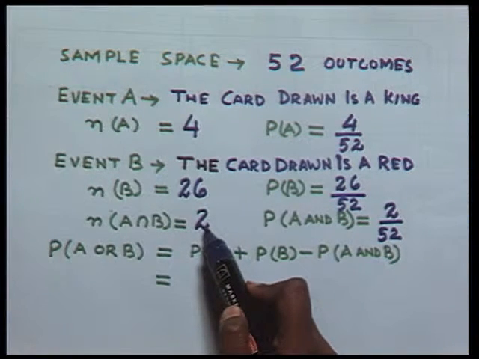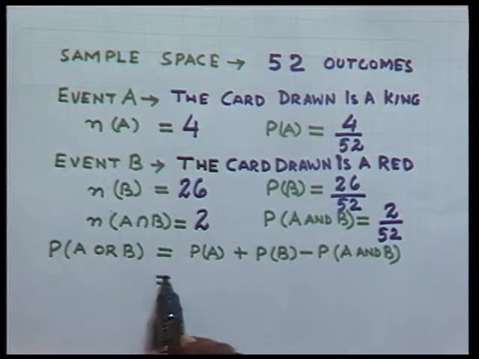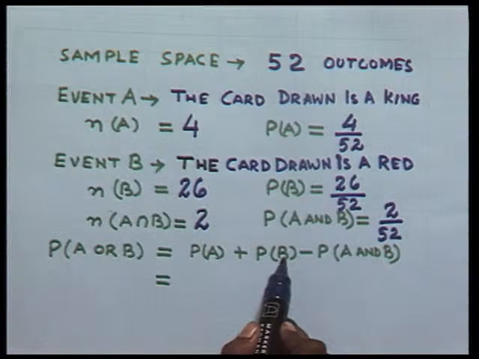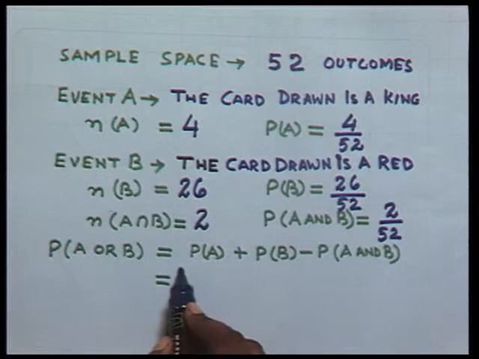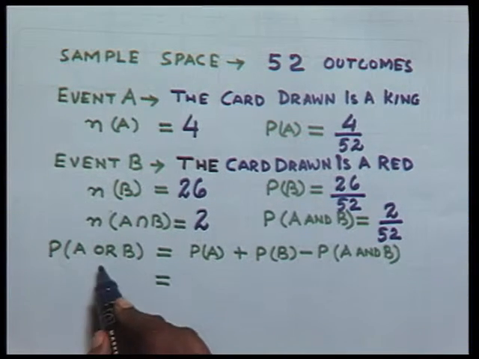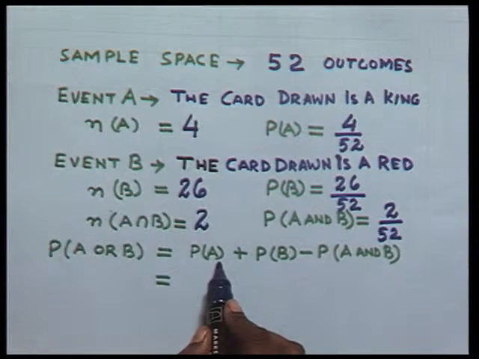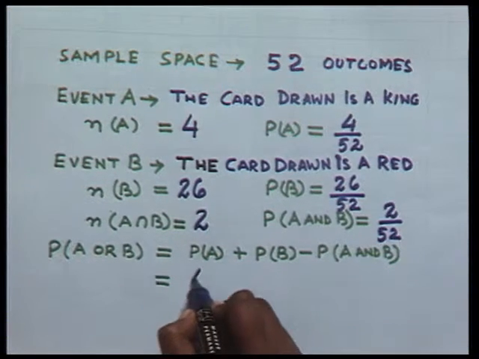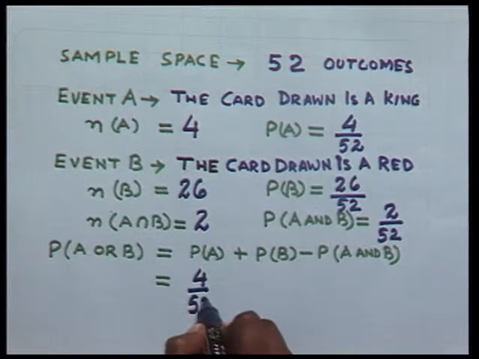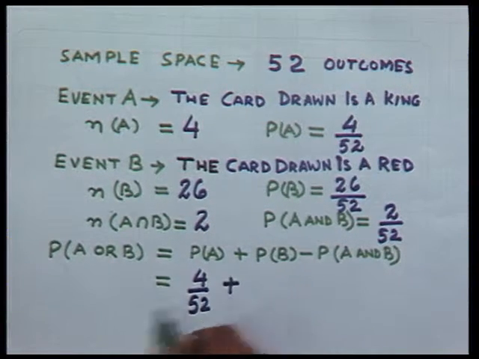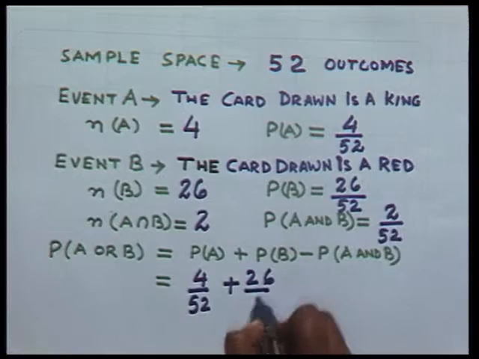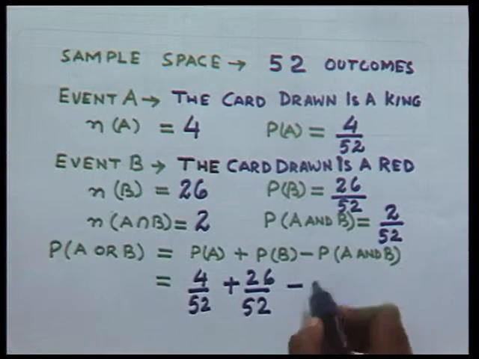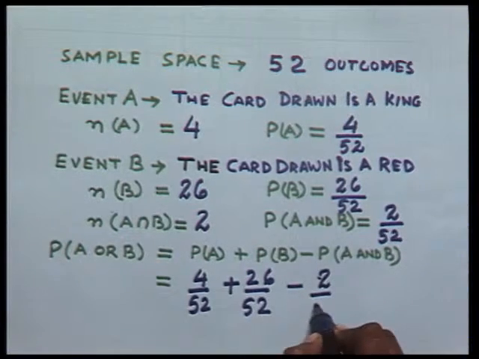which is a king as well as a red card, and therefore, applying the result, that is addition theorem on probability for not mutually exclusive events, we get P of A or B is equal to P of A plus P of B minus P of A and B. P of A is equal to 4 upon 52 plus P of B is 26 upon 52 minus P of A and B is 2 upon 52.